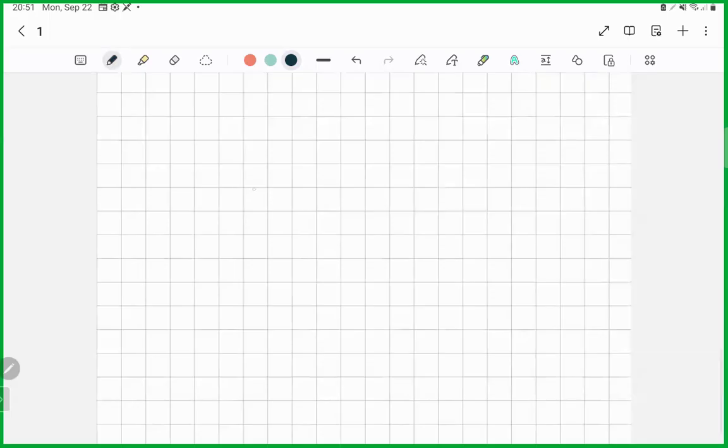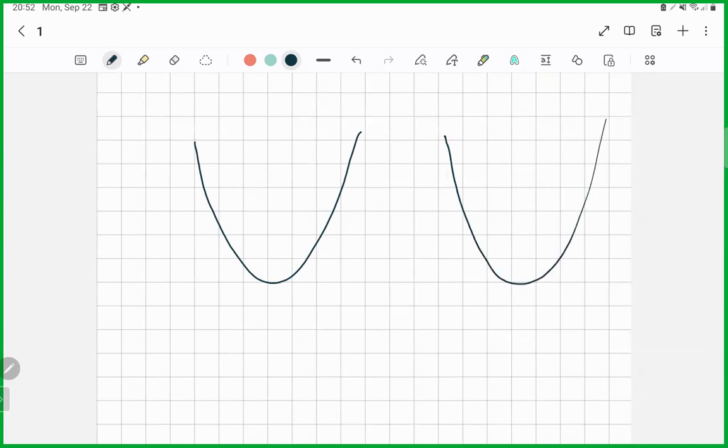So here I'm going to have a drawing for our harmonic oscillator, so for the potential energy. And on top of this potential, we are going to try to draw the wave function. So here we are going to write the wave function.